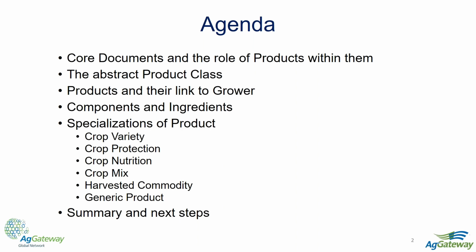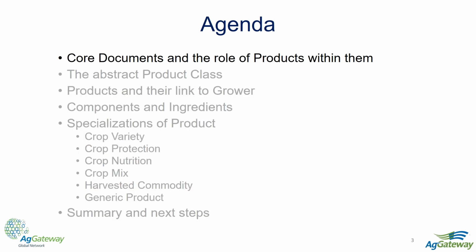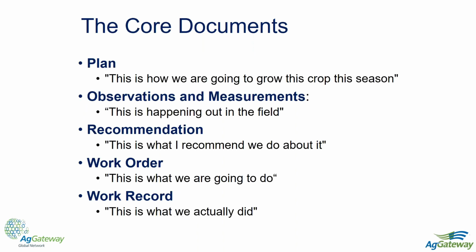We will then discuss the components and ingredients that make up these products. Then we will look at specializations of products, and then discuss a few summarizing comments and what you can do next. So let's first talk about the core documents and the role of products within them.